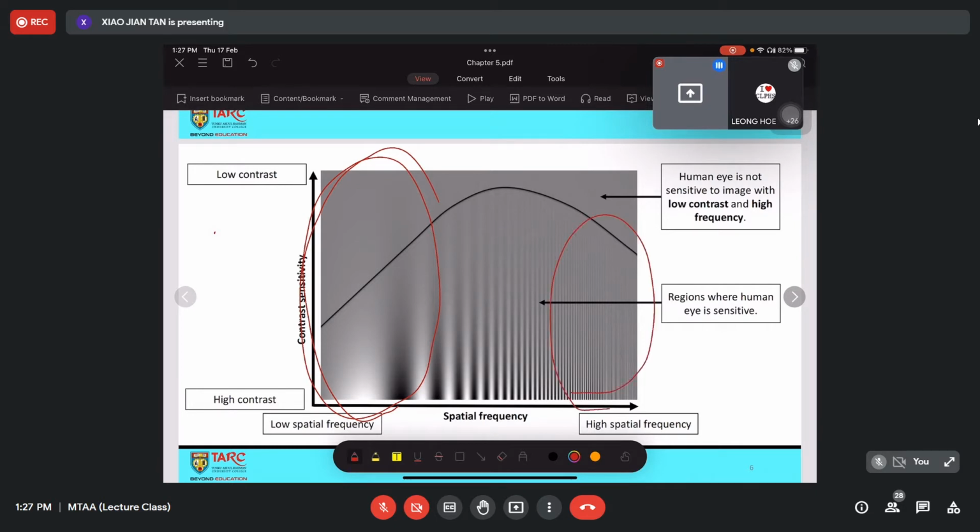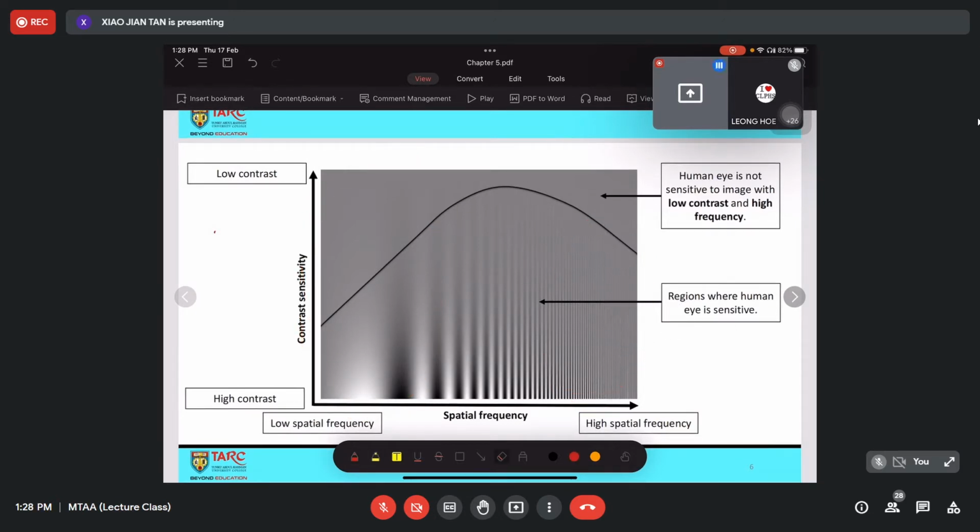And for this one, you have a smaller gap between the black and white lines, showing that it has a higher frequency. This curve is referring to the area where the human eye is much more sensitive, whereby the area under the curve is the area the human eye is sensitive to.